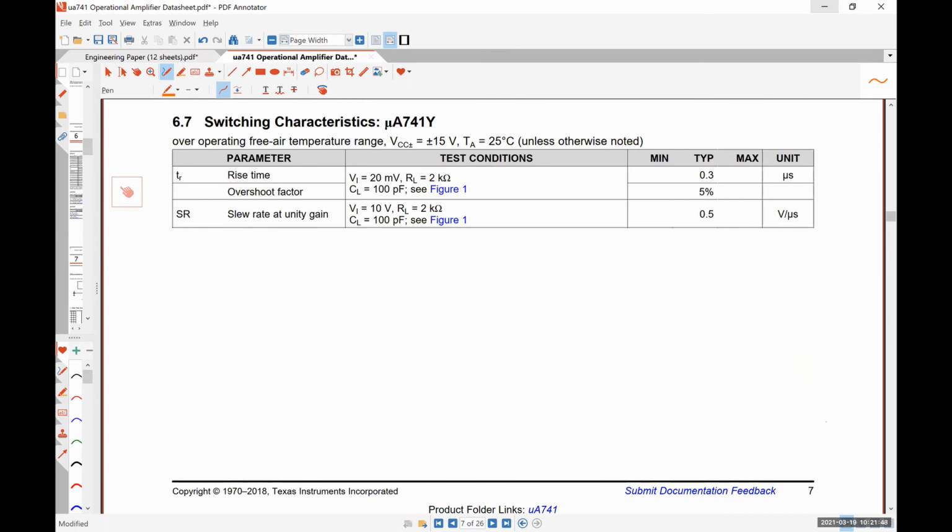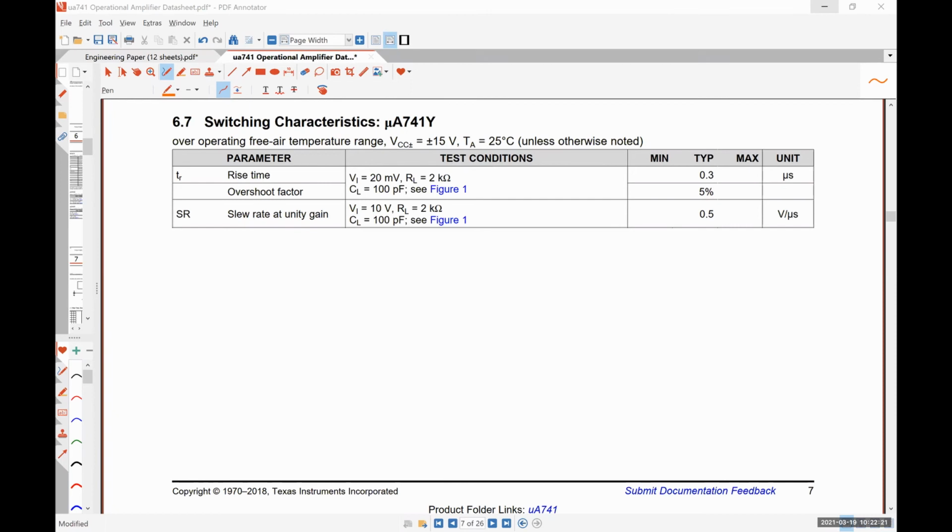So I am going to change my simulation here, if I can find it. I'm going to drop this frequency back down to 50 kilohertz. And I'm going to change my slew rate to be 0.5 meg, which means 0.5 volts per microsecond, exactly what we saw on our data sheet.